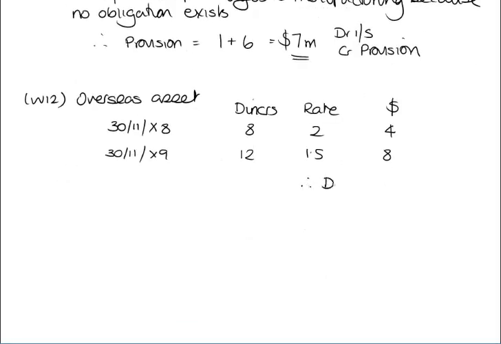So therefore I'm going to debit PPE 8 minus 4, which is 4 million. It's a revaluation. We're not dealing with an investment property, so therefore the revaluation goes through OCI. So debit PPE, credit OCI, 4 million.